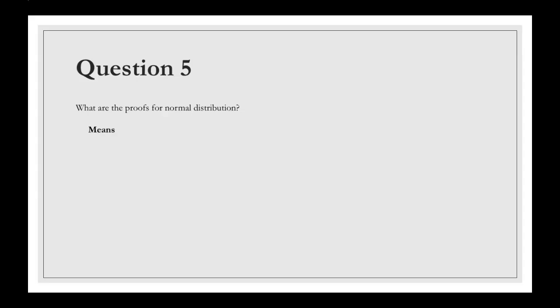Let's start off with the proofs for means. So your first proof is that you're told that the underlying population is normally distributed, bell-shaped, and sigma is given. And remember, sigma is your population standard deviation.